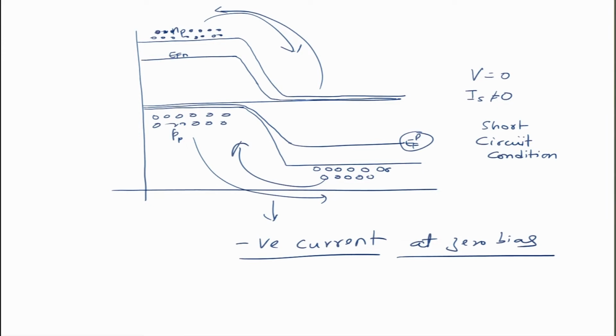This gives rise to a current which is negative in sign, and that is what you observe at 0 bias. This is the current driven by the split in the Fermi levels, and this Fermi level gradient is the one which drives the electron down to the n side from the p side and the hole from the n side to the p side, which is normally not the case in a p-n junction in dark.